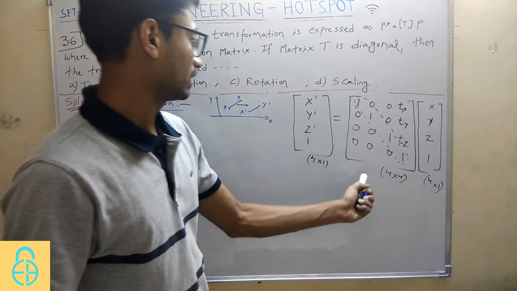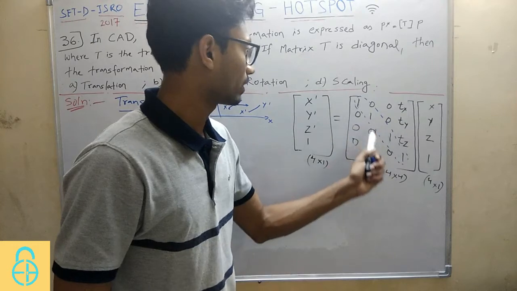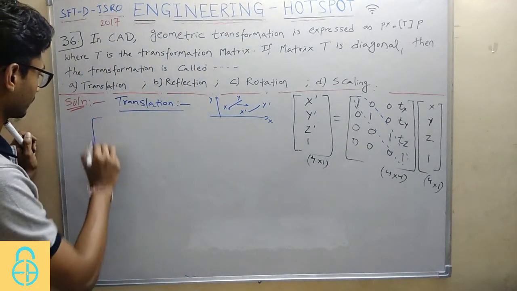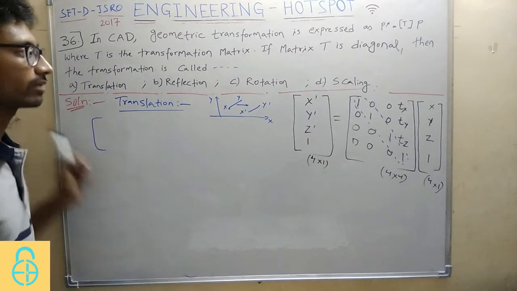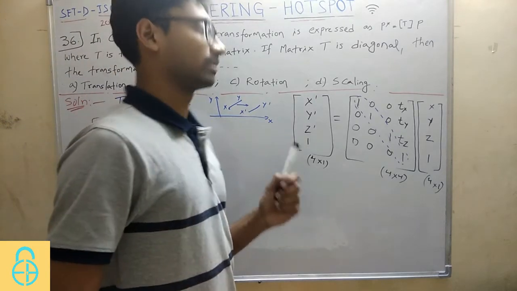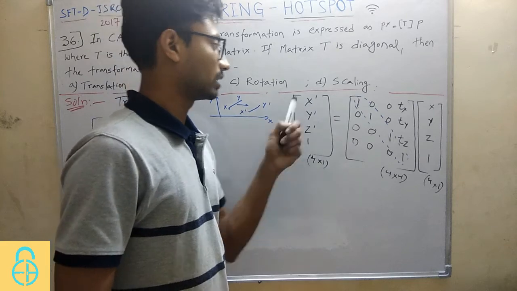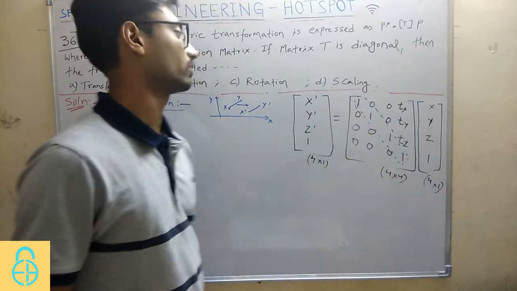But here we can see this is T, and it is not a diagonal matrix, because for a diagonal matrix the condition is that except for the diagonal elements, all the other elements should be 0. The diagonal elements can also be 0, but the rest of the elements other than the diagonal should always be 0.